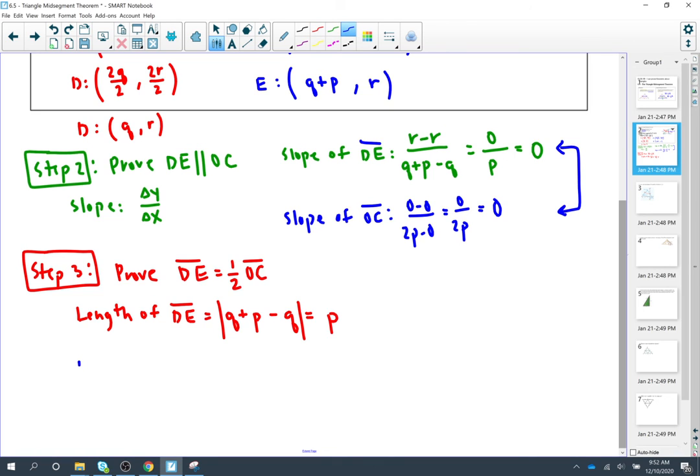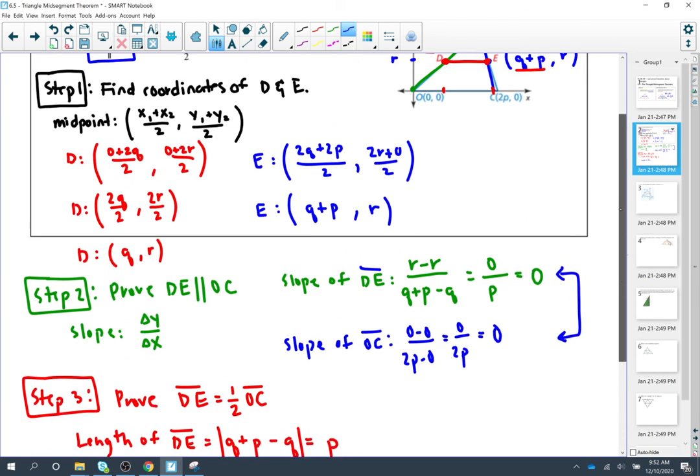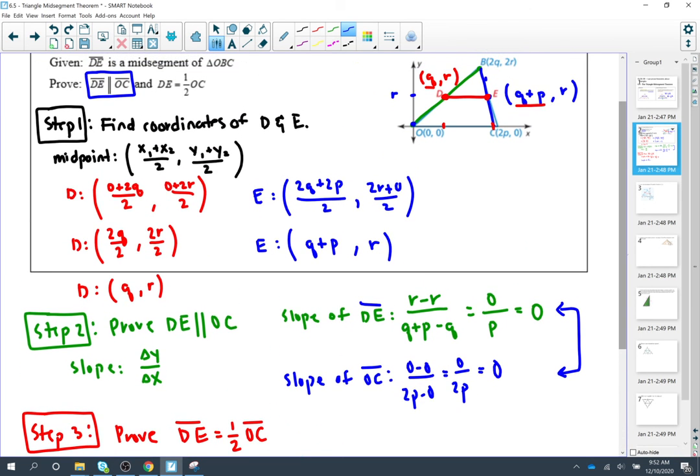Now we also have to find the length of OC. So now we're going to go back up and look for OC. And again, the nice thing is that this is a horizontal line. So I just need to know, well, this is 0 and this is 2p. So what's the distance between 0 and 2p?